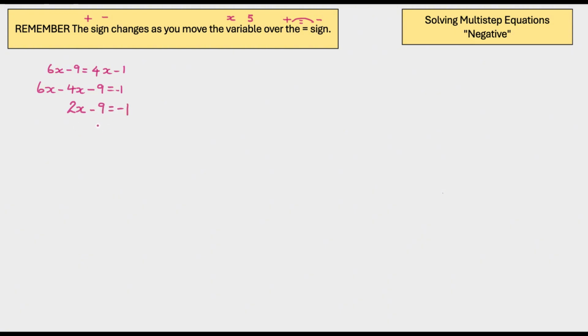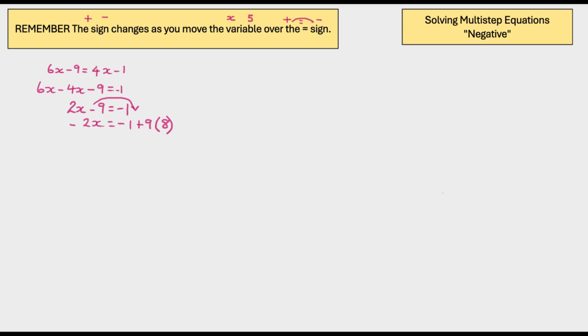Now we need to get the other variable, which is our numbers, over the equal sign by changing the sign. So now we've got minus 1. This is going to go over, and it's going to become a plus 9. So minus 1 plus 9 is 8.